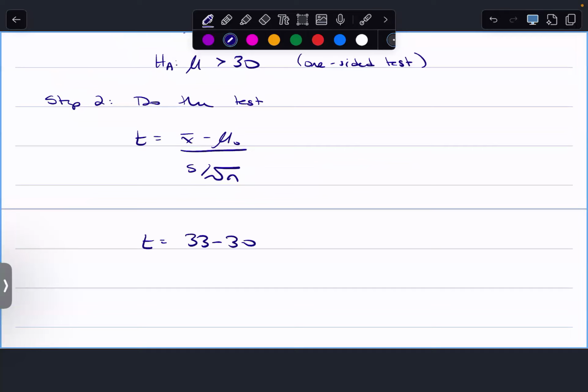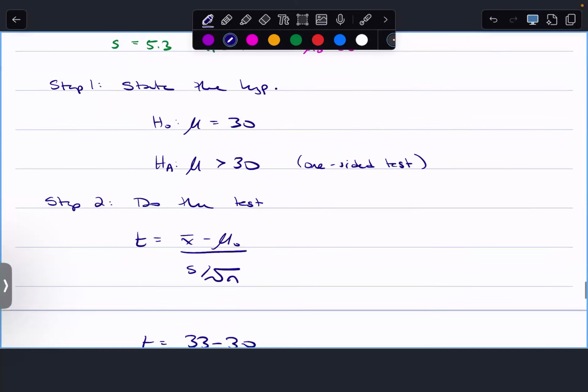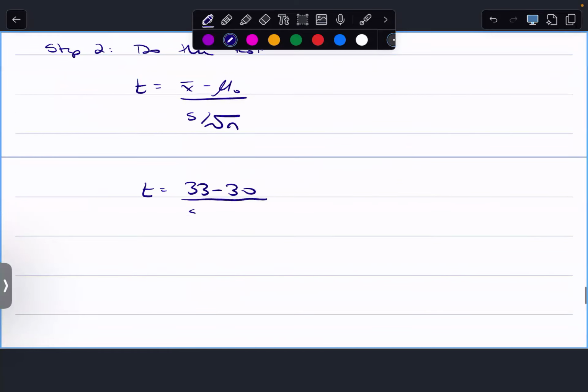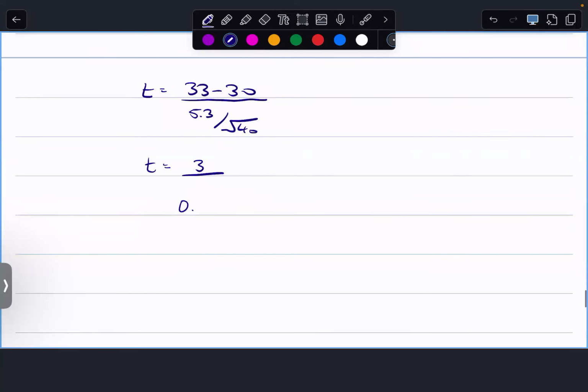We want to know how far is 33 from 30, taking into account the spread, the standard error, which was s over root n, 5.3 divided by the root of 40. Well, start there. 5.3 divided by the root of 40 is 0.838003.